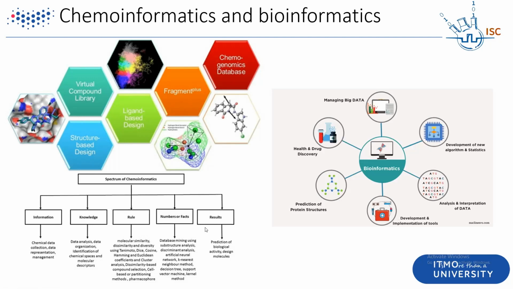So the information you have, usually it's the chemical data representation, the management, and there are some knowledge functions like data analysis, data organization, some descriptors, scoring functions, identification of chemical spaces, some rules.